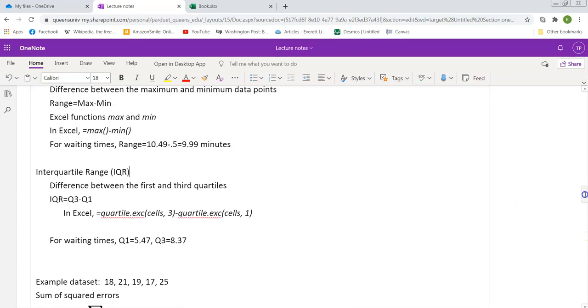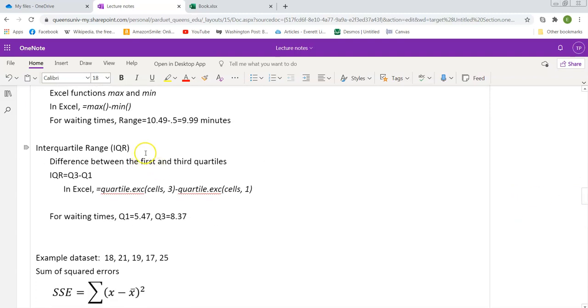All right, next, the interquartile range. So if you pick apart this term, this is the range. Inter means between the quartiles. So this is the range between the quartiles. So this is the difference between the first and third quartiles.